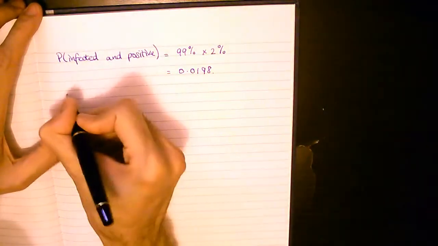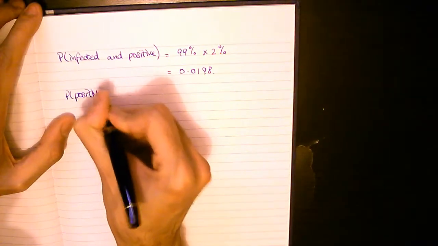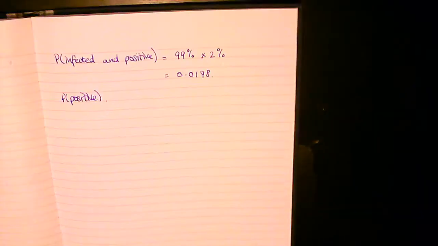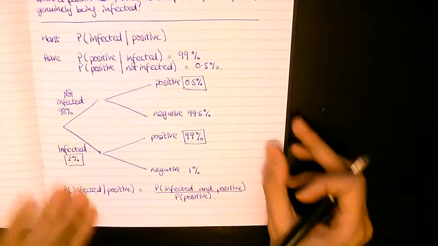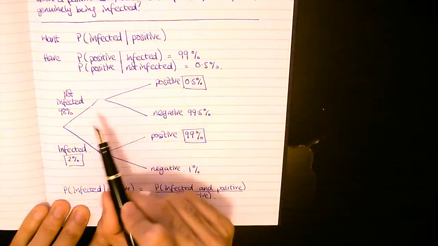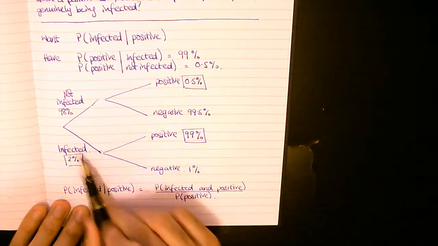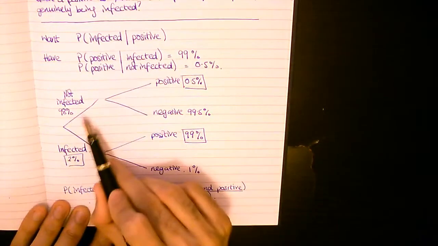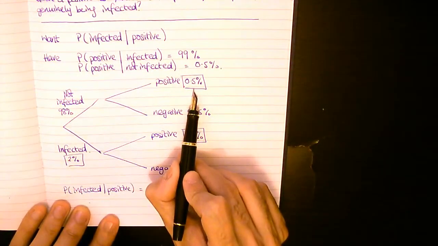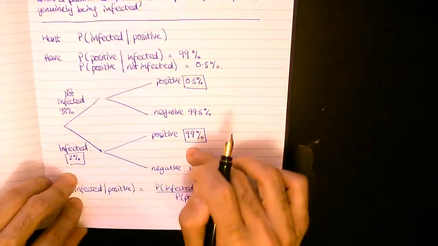Then we do the probability of positive, and this is where the probability tree is fairly useful, just to help you make sure you get everything clear in your head. We want all the probabilities of getting positive, and that can happen in 2 ways. Either we get not infected and positive, or infected and positive, and we just multiply along the lines: 98% times 0.5%, and 2% times 99%, and then we add those probabilities together.